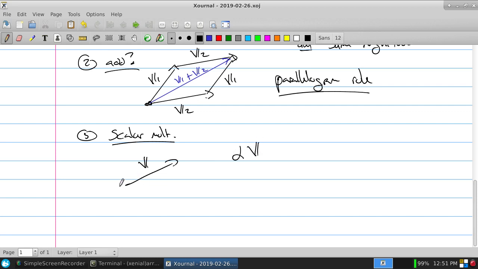The vector will be in the exact same direction, but if I stretch it out correspondingly, it'll stay in the same direction, it'll just get longer or shorter, but keeps the same direction.